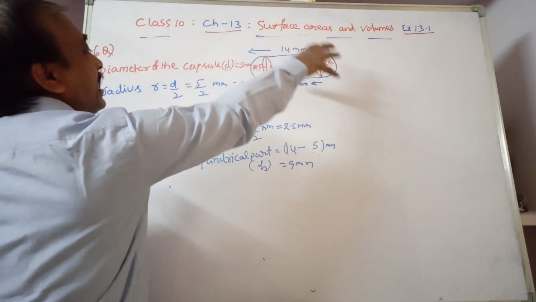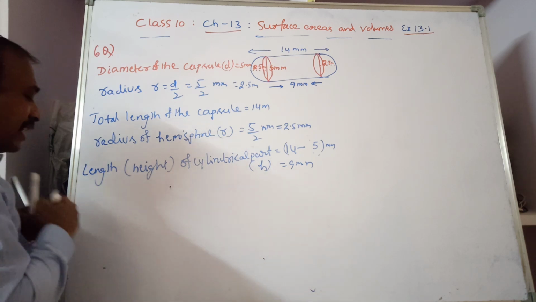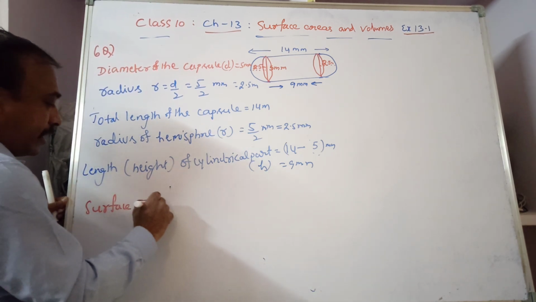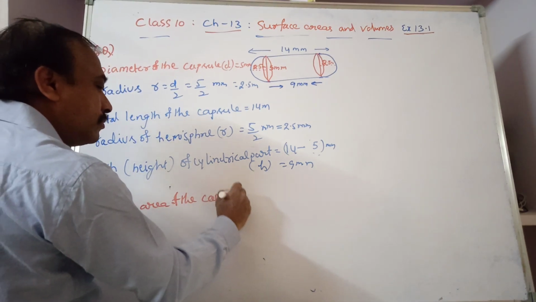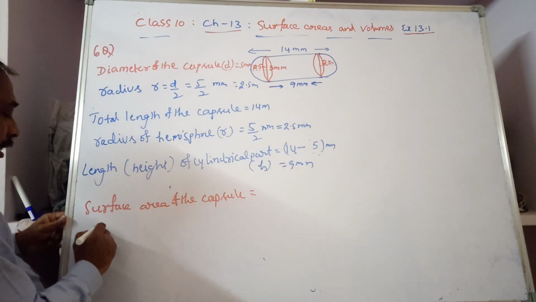Now the surface area of the capsule is equal to, how do we obtain the surface area of the capsule?